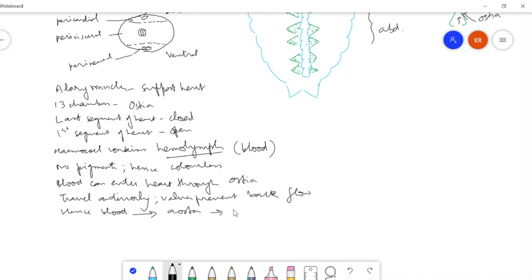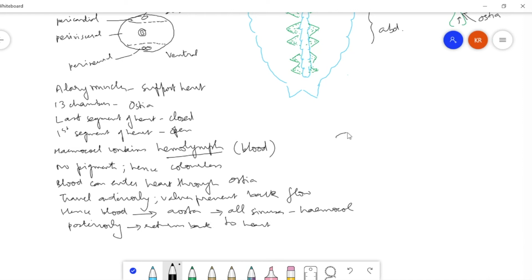Then it moves into all sinuses. That means the entire hemocoel, and it can travel posteriorly, and then it returns back to heart.